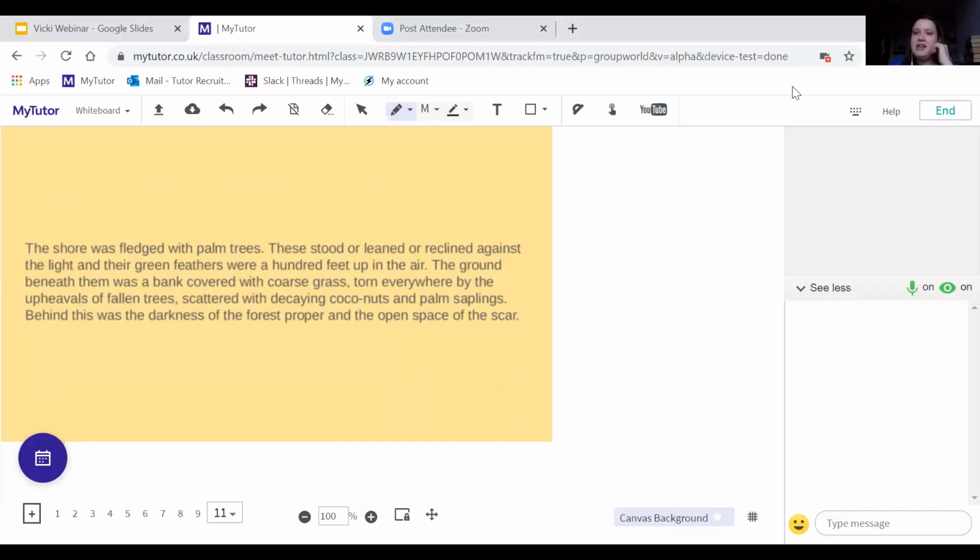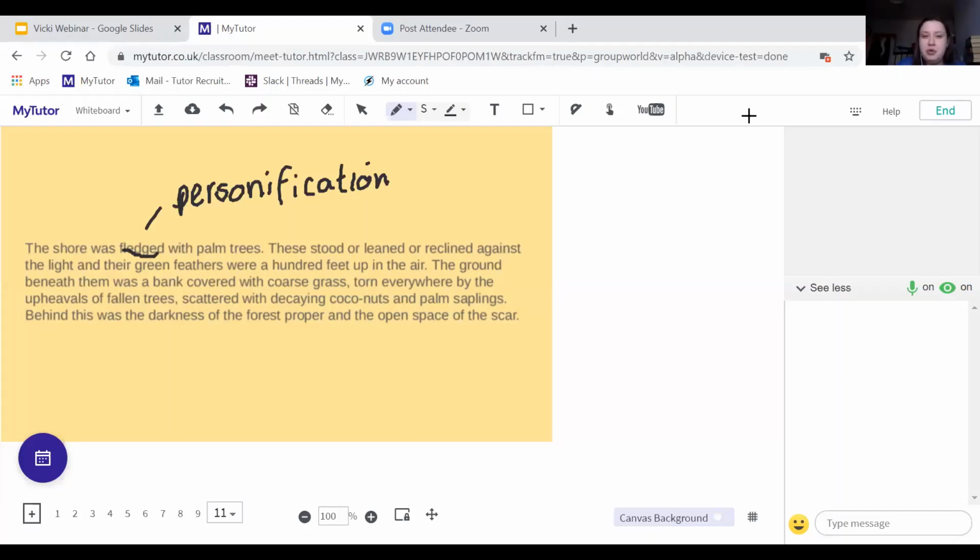So fledged is effectively covering something in a way which you might expect a bird's wing to look like. Yeah, so we could therefore say that this is an example of personification. So remember, when it comes to personification, we need to be looking for a verb because it's an attribute or action that a person or a living thing can do.